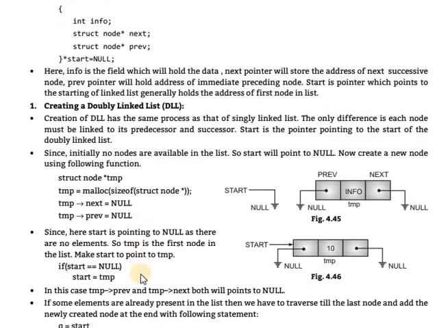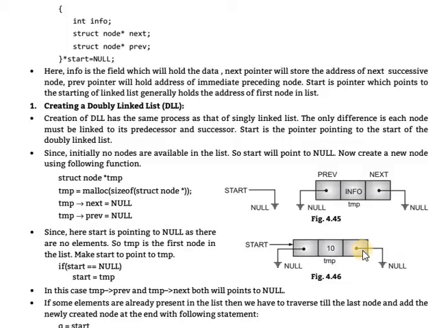Since here start is pointing to null as there are no elements, temp is the first node in the list, so make start point to temp. That means if start is equal to null, then temp is assigned to start. In the info field, for example, the value 10 is stored.